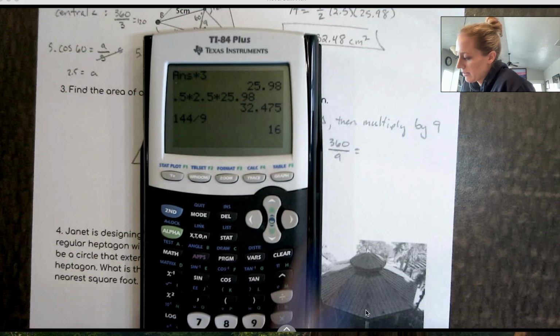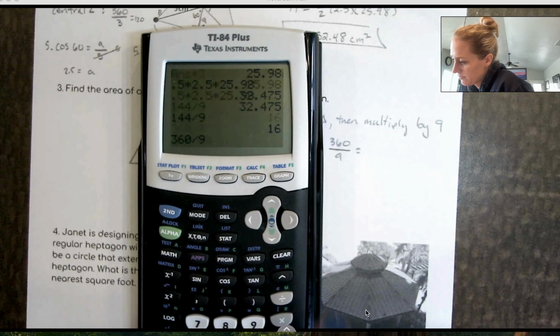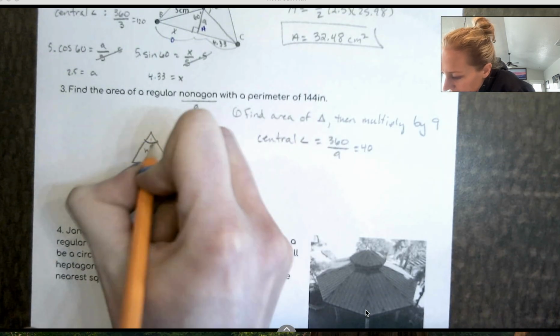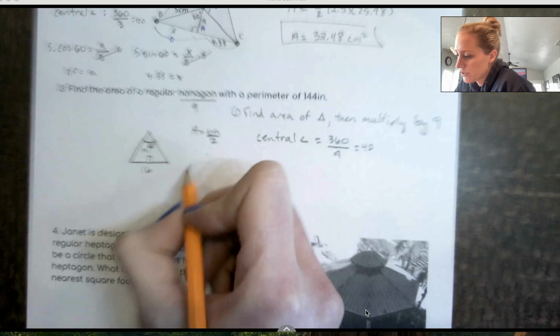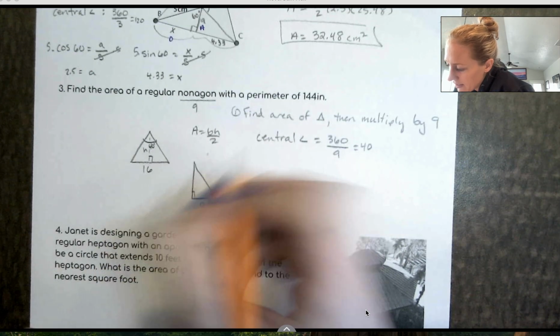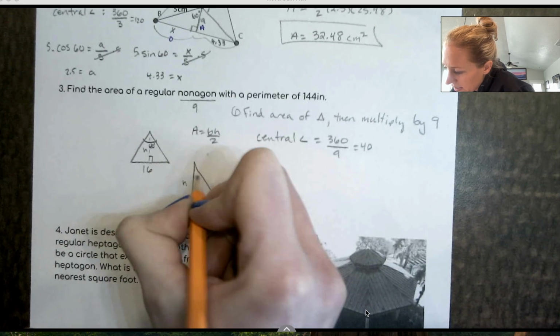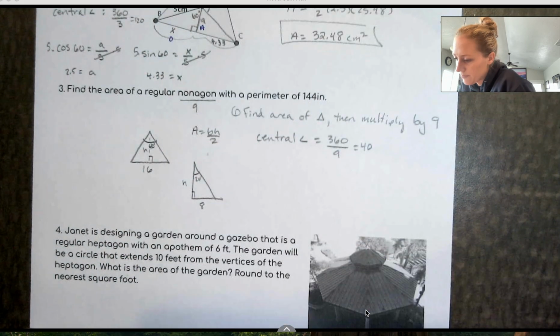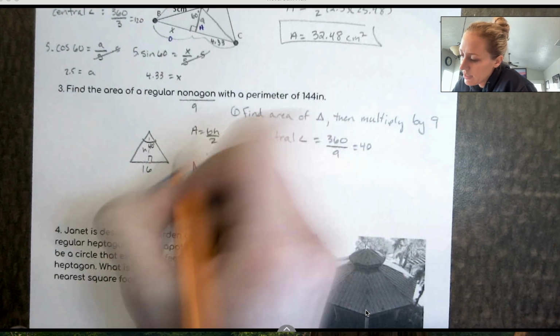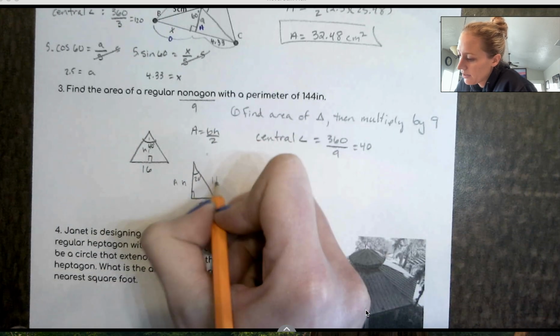So 360 divided by 9 is 40. This whole angle is 40 degrees. So I am just going to work with the right triangle and use 20 degrees.